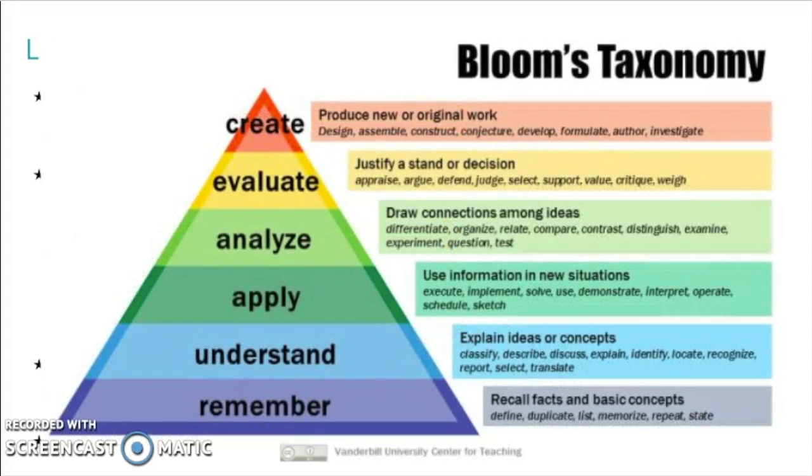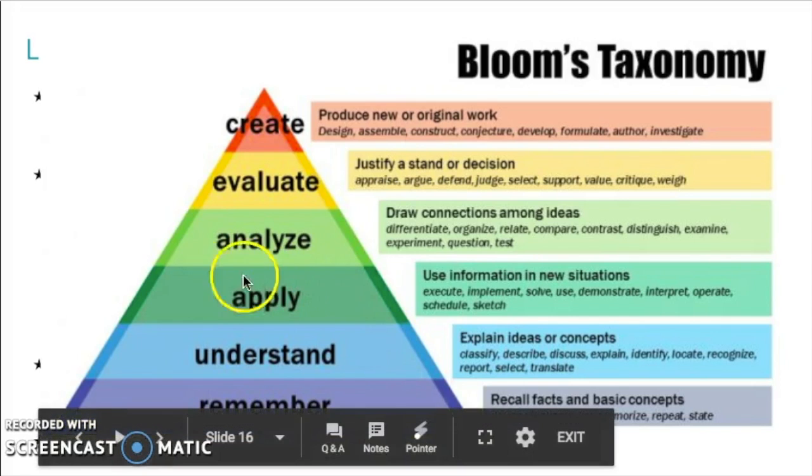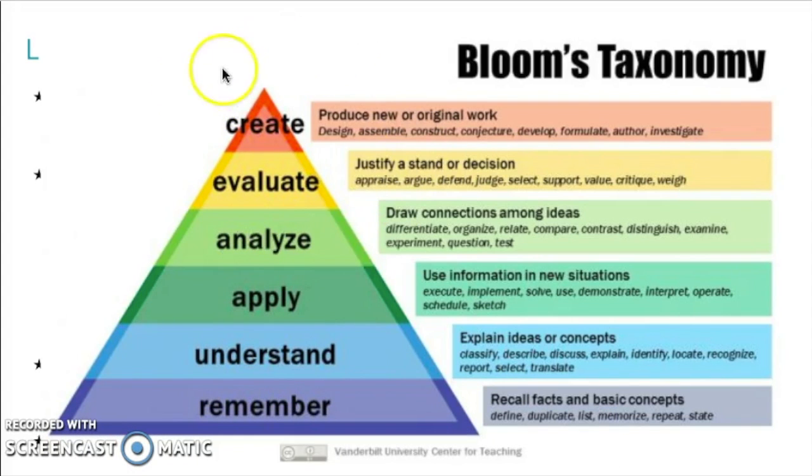And then finally, Bloom's taxonomy. I remember when I was a student, many of the assessments and the learning was around understanding and remembering. I want to move it up to analyze, evaluate, and create up there. So I want the students to be producing new work, justifying positions, making decisions, making connections.